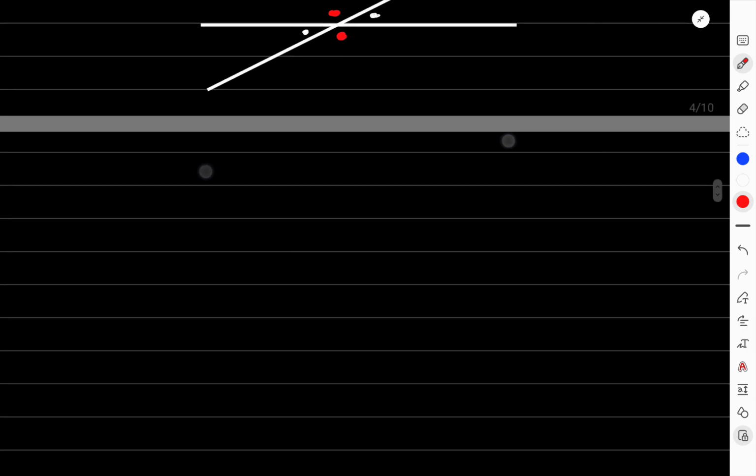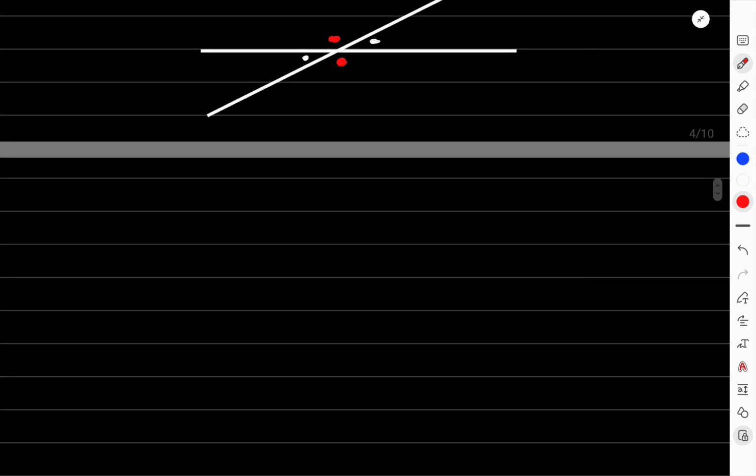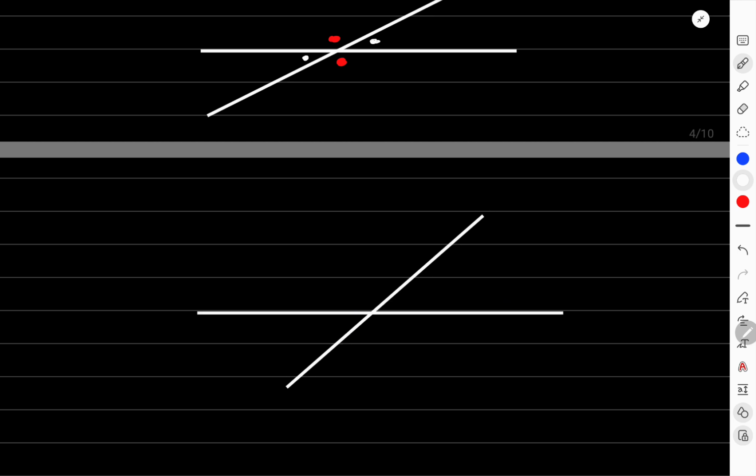Let me just draw a structure like this one, whereby let me just assume I don't know whether vertically opposite angles are the same. I'm going to have a line like this, and another line like that. Let me say this angle is x, this one is y. I have 164 degrees here.